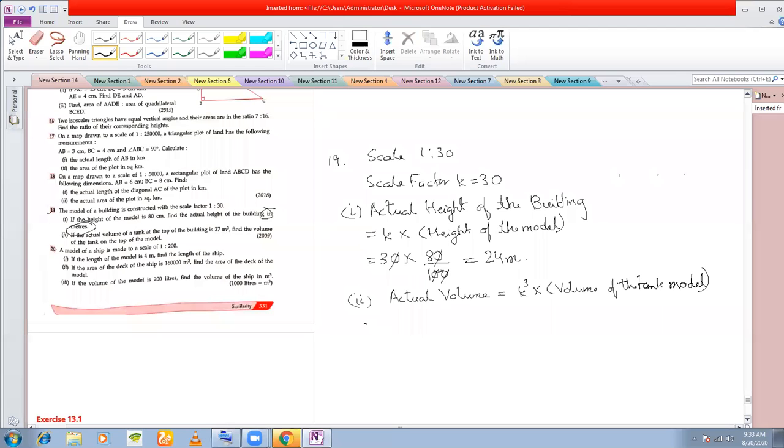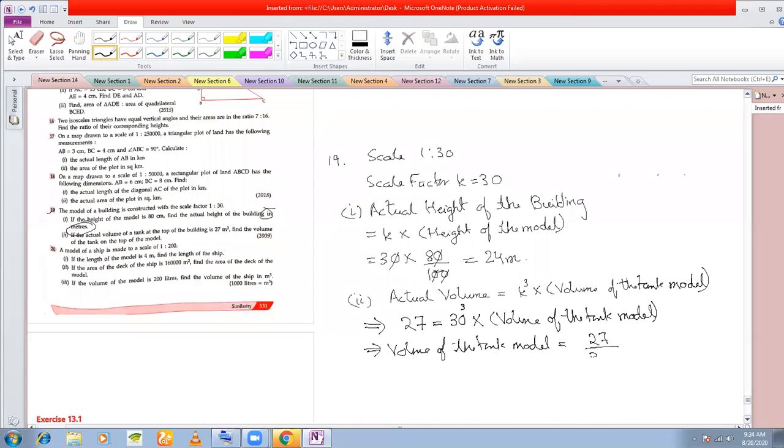Now actual volume here is given to be 27 meter cube. Scale factor here is 30 cube into volume of the tank model. Therefore volume of the tank model is 27 divided by 30 cube.